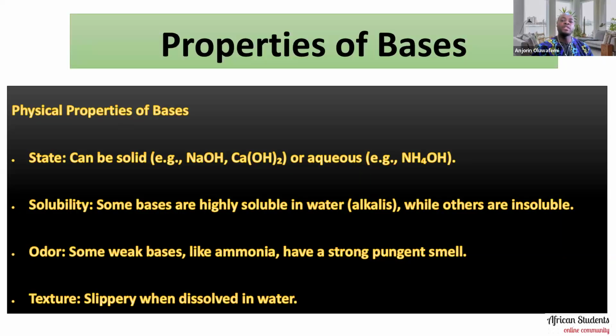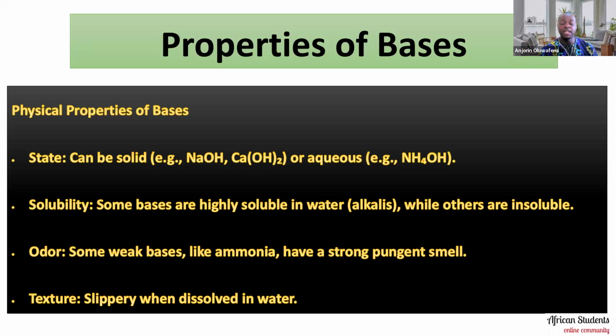So what are the properties of bases? We have the physical properties and then the chemical properties of bases. Now, the physical properties include, based on state, they can be solid, e.g. sodium hydroxide pellets, calcium hydroxide, or aqueous, for example ammonium hydroxide.